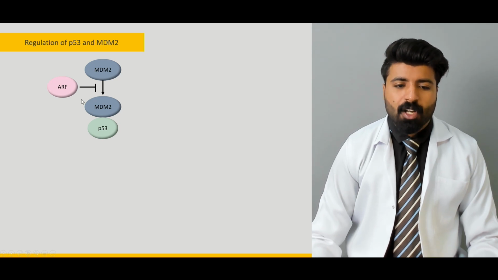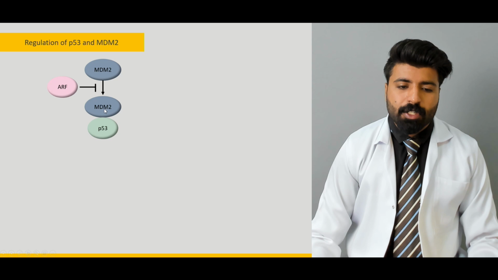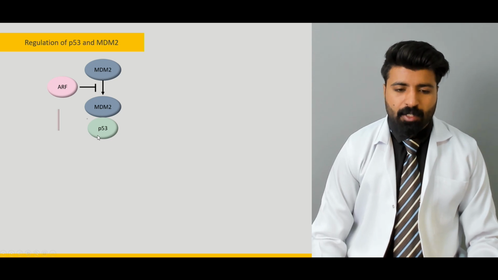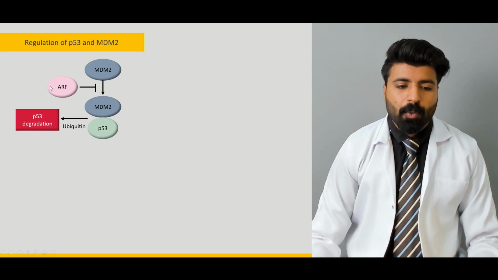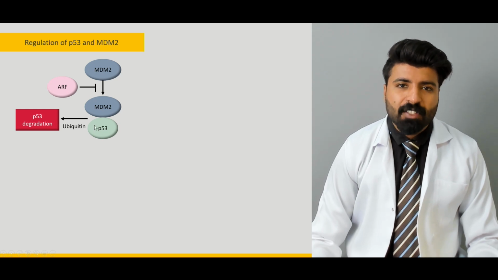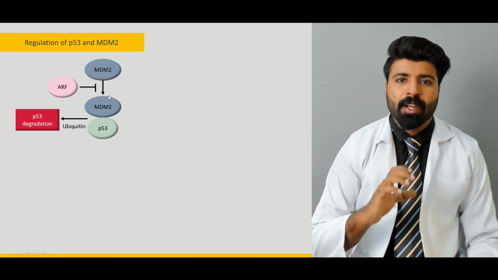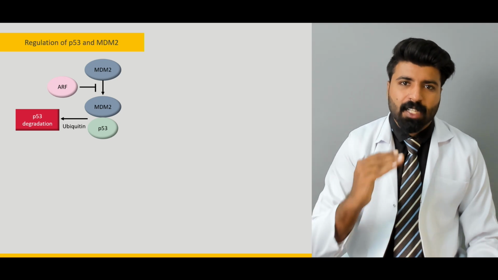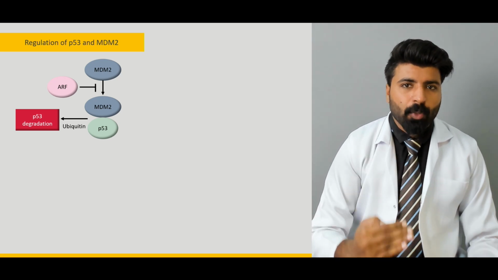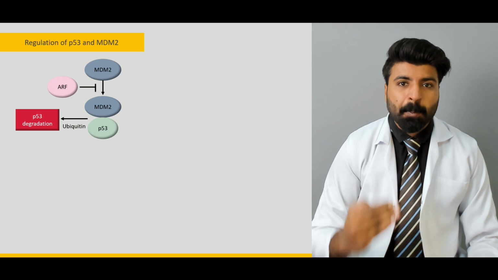When it's attached, it's there to destroy P53 one way or another. So the ubiquitin pathway will come in and P53 degradation will start. Now MDM2 is not degrading. MDM2 is not going anywhere because P53 is high. It's going to use the ubiquitin pathway and destroy the P53.